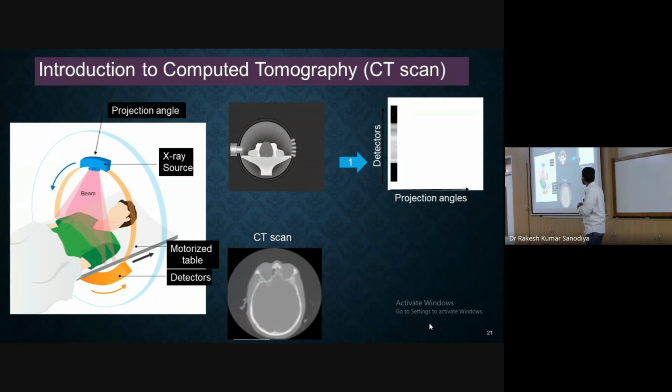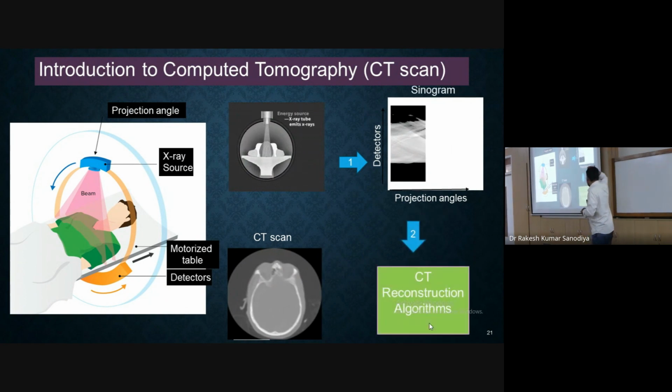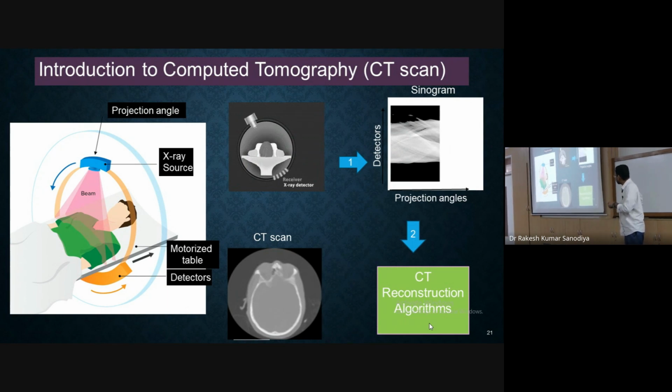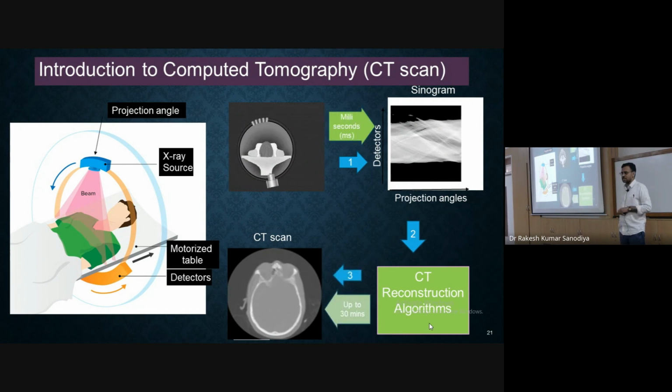This is what is referred to as a sinogram. What we finally see is the CT scan. From these multiple projections, you do what is called back projection, and you reconstruct the scene. This is the CT reconstruction. That's what the machine gives.